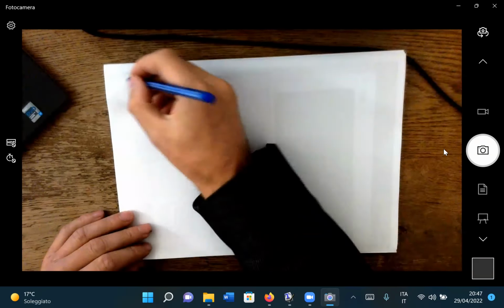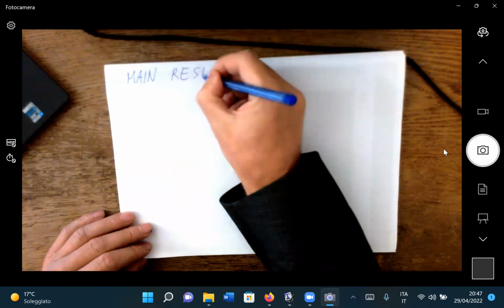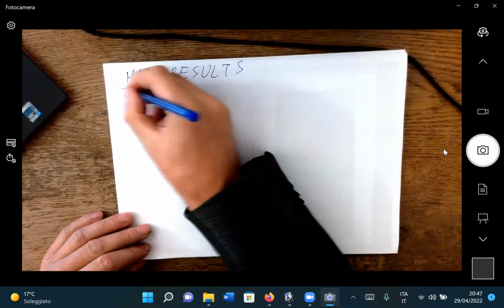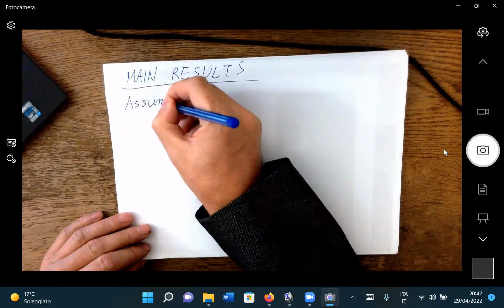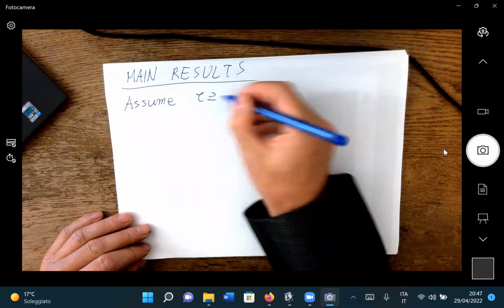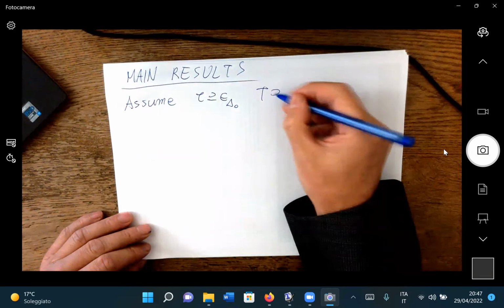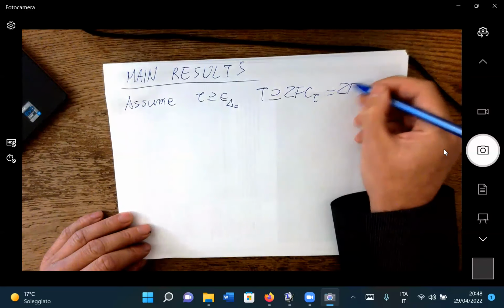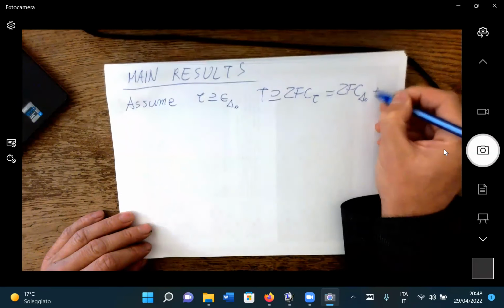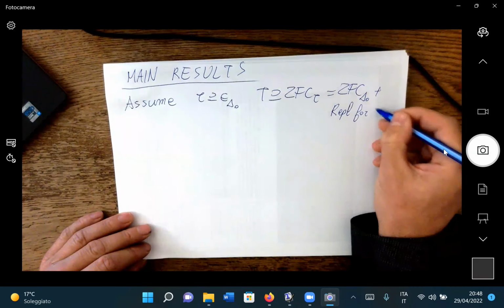Okay, so let me move on, and I can now start to state the results about set theory with this model companionship. Okay, so assume tau extends epsilon delta 0 and T extends ZFC tau. What is it? It's ZFC delta 0 plus replacement for tau formula.